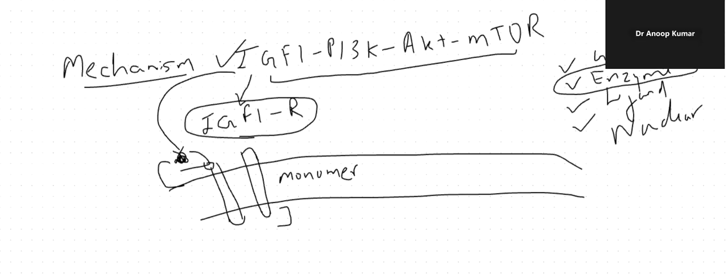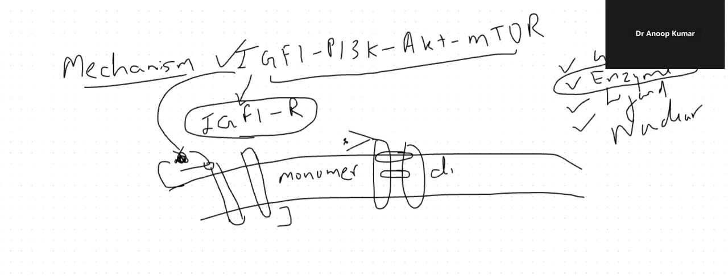So it's going to bind. When it binds with the extracellular domain, what will happen? These two units are going to attach to each other. So the inactive state of the enzyme linked receptor is monomer, but when your ligand binds with the active site, this monomer will convert into dimer.